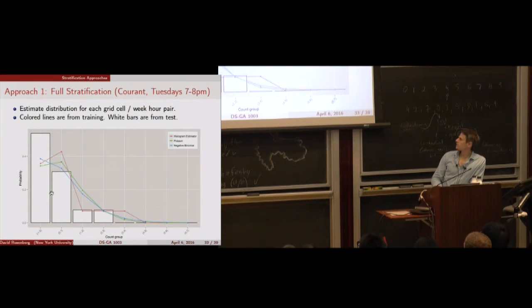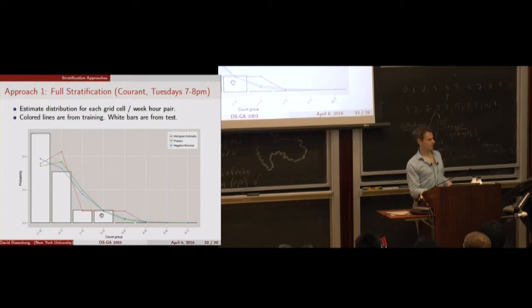This is how many Tuesdays between 7 and 8 p.m. had, in this case, 0 pickups. This is 1 pickup, 2 pickups, 3 pickups, et cetera. So this is empirically over the course of, I don't know if this is 27 weeks, how many of each number of these counts. This is the distribution of how many pickups there were at this time at this place. That's the white stuff, on the test set.